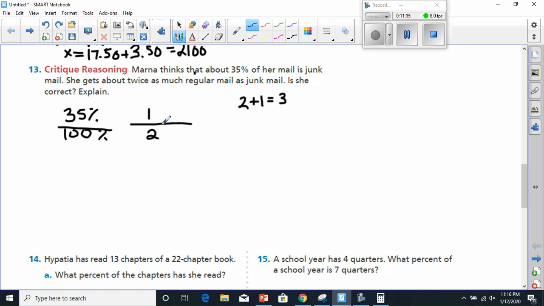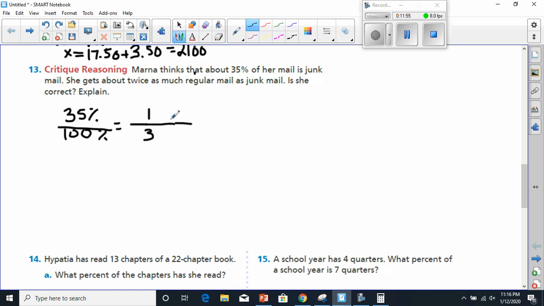So in actuality, this is going to be 3 down here. This 1 out of 3 is junk mail, and she said 35% of her mail is junk mail. So I think this makes more sense.